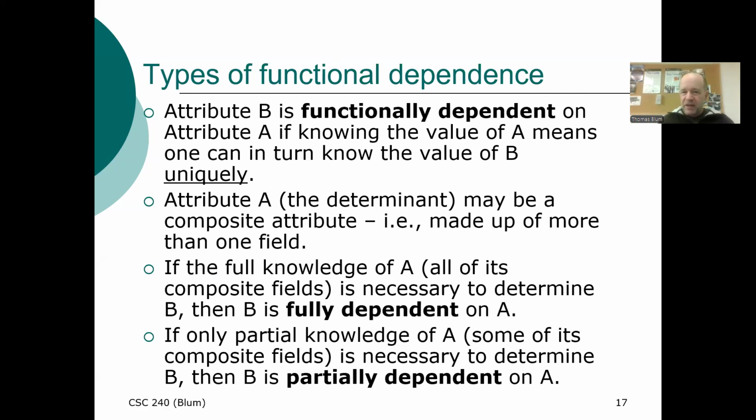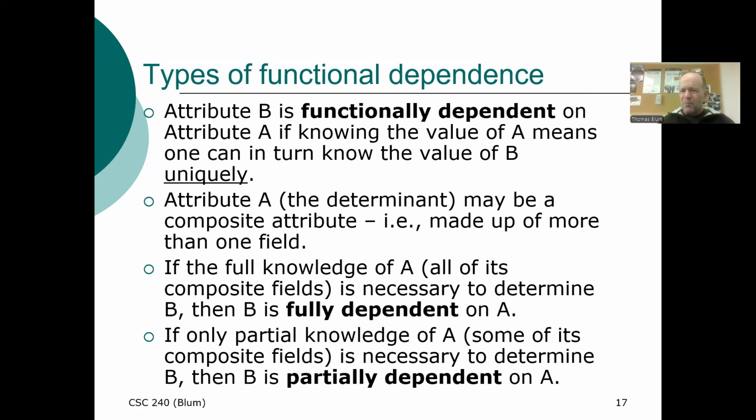The determinant attribute A may be composite, may have more than one field, more than one column, more than one property or attribute, whatever you want to call them. And so as we start talking about types of functional dependence, one of the distinctions we make is whether it's fully dependent or partially dependent.